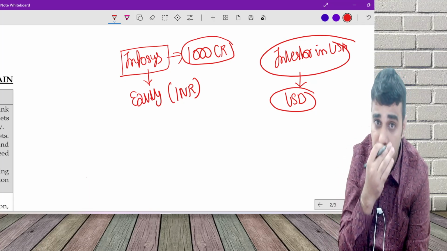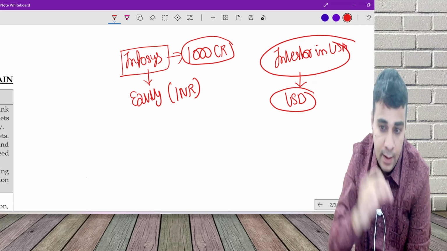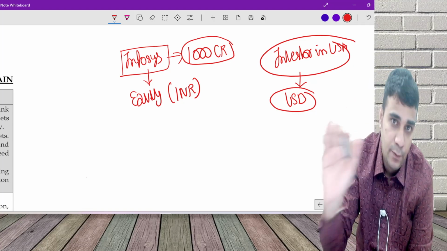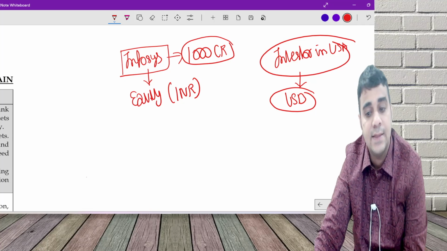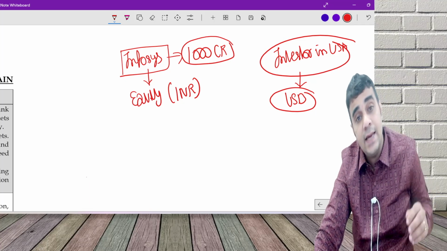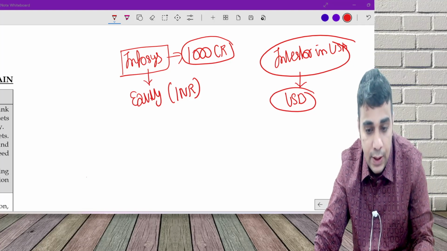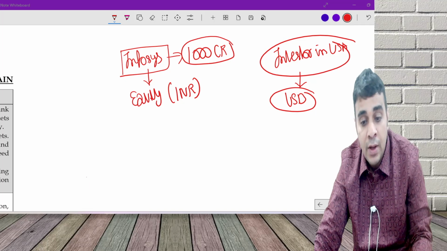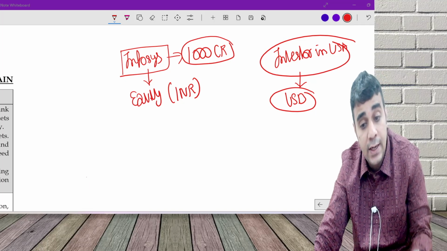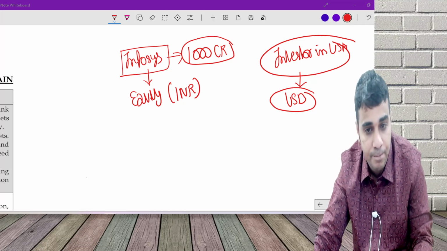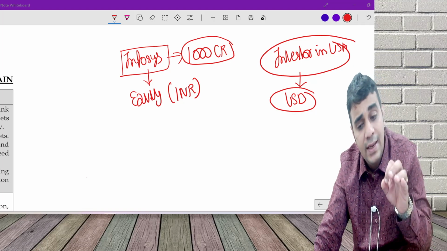But now Infosys wants funds. The USA investor is ready to invest. The only headache is the currency, because US investors are ready to invest only in US dollars, whereas Infosys can issue its equity shares in India only in INR currency.